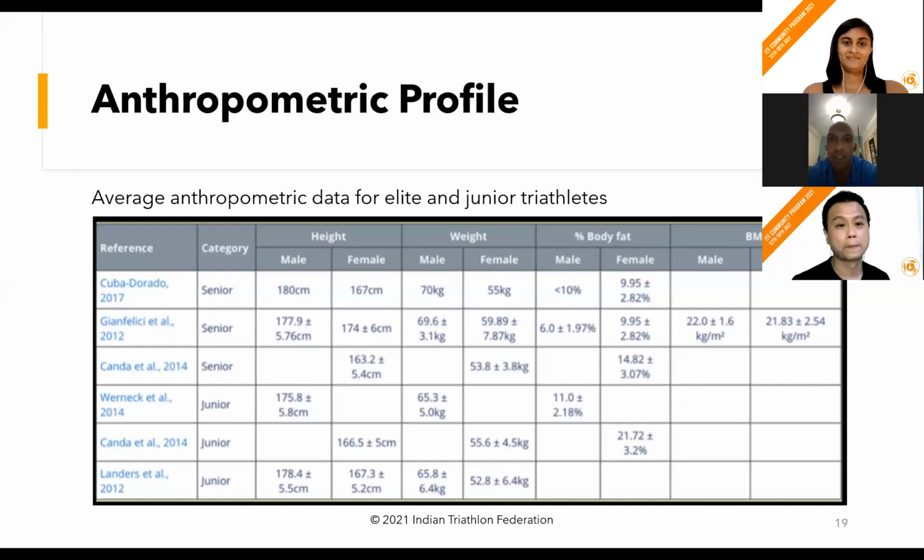The average height in India is about 5'4", 5'5" for women, and about 5'8", 5'9" for men, which is what the junior category average is internationally. Just something to keep in mind. Again, this will definitely not just translate to performance.